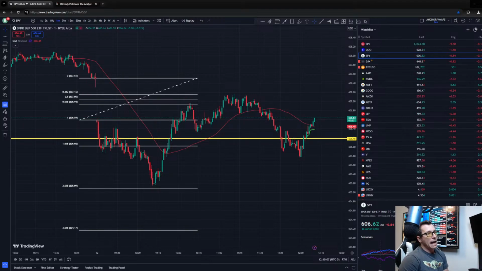The alpha on Tesla is far greater than that on SPY, or the beta on Tesla is far greater than that on the SPY, and so on and so forth. So individual stocks can be significantly more volatile than just the SPY, because they're individual players on themselves, right?